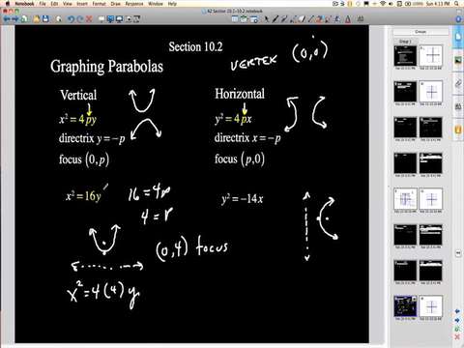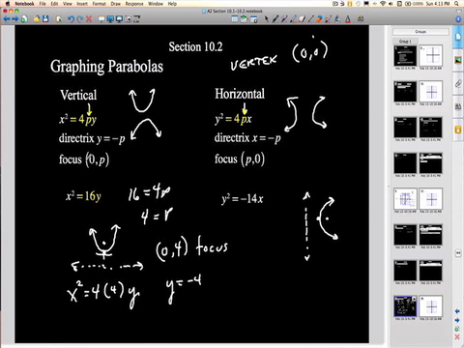And it means that my directrix is 4 units below. So that's a horizontal line, y is equal to -4. So right here, this is 0, 0. If I want to find my focus, I go up 4. If I want to find my directrix, I go down 4.